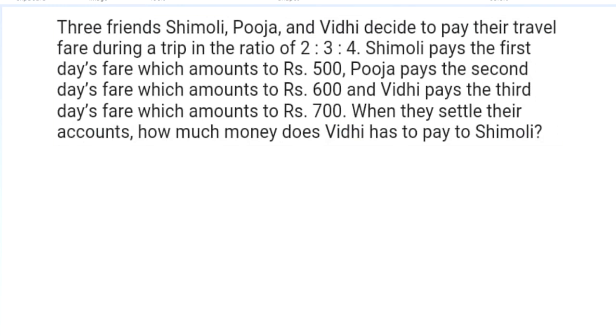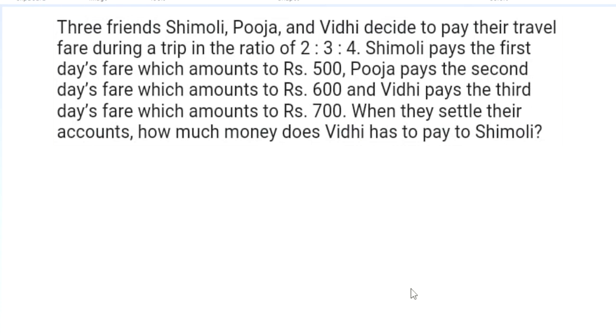Here's an interesting question. 3 friends, Shimoli, Pooja, and Vidhi, decided to pay their travel fare in the ratio of 2 is to 3 to 4. Shimoli pays the first day's fare, which amounts to 500. Pooja pays the second day's fare, which is 600, and then Vidhi pays the third, which is 700.